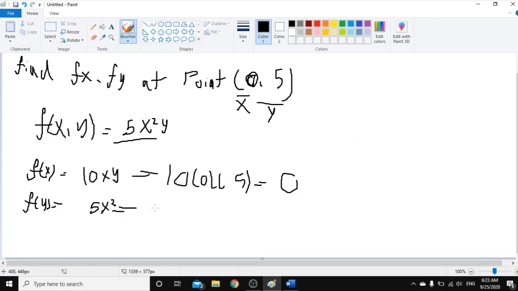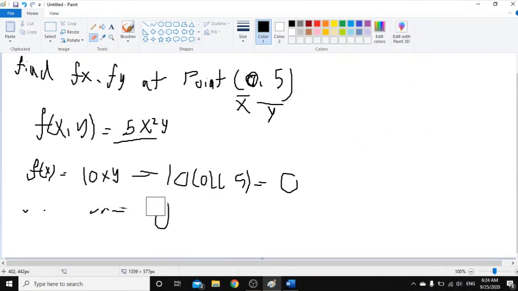Here the second partial derivative with respect to y, 5x squared, is also 0. Normally the number must not actually be 0, but this is how you do it. Just fill in the point, and this is the final answer. I hope you find it really helpful, and I will give you more examples, hopefully.